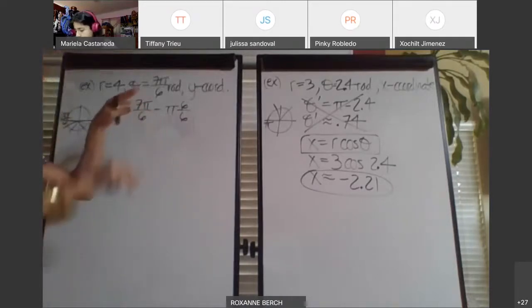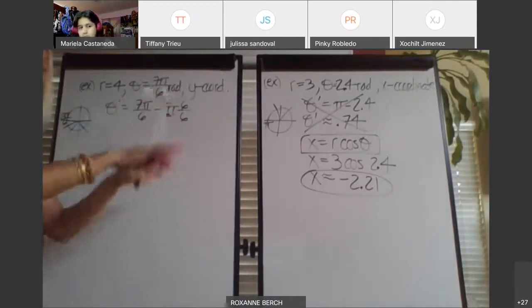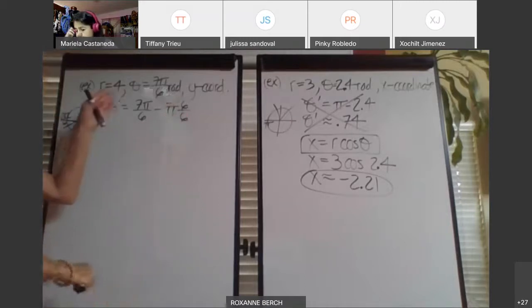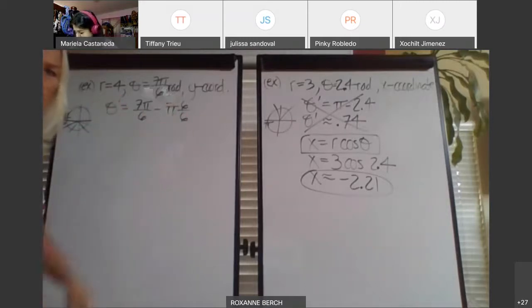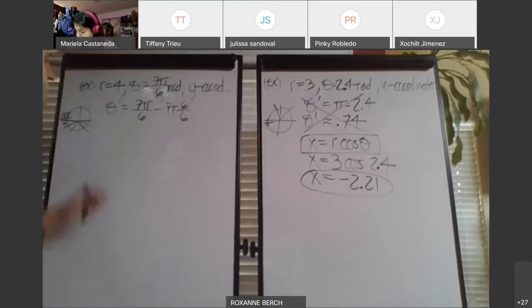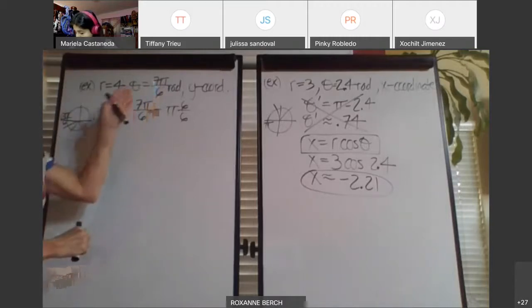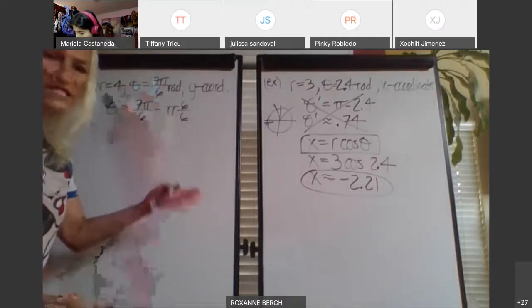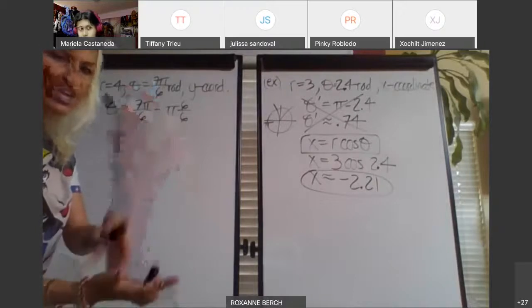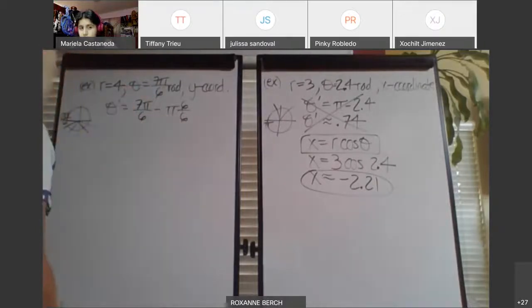It doesn't make a difference if you're subtracting the angle or if you're taking the angle minus the horizontal. You're going to get the right answer. Just make sure you get a positive acute angle in the first quadrant.